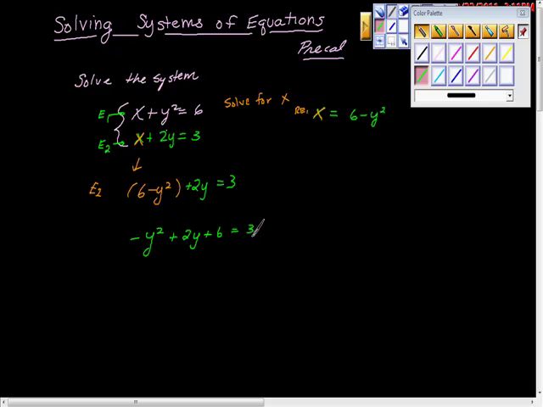Let's move this over if you don't mind. Take negative 3 from both sides, and we get negative y squared plus 2y plus 3 is equal to 0.